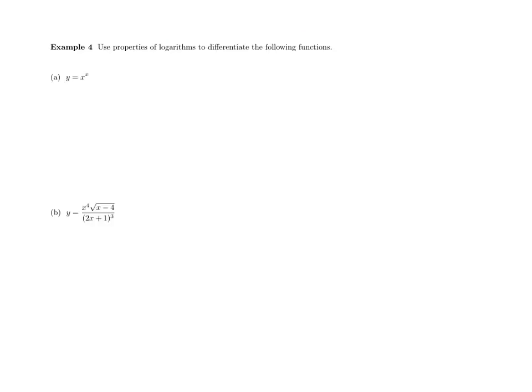In example 4, we're going to take the derivatives of these functions, but notice that there are no logarithms in either of these problems. Even though there aren't any, they will actually help us get our answers. Let me show you what I mean. What is the derivative of y equals x to the x? Now, it might be tempting to look at this problem and say, oh, well, we have a rule for this.